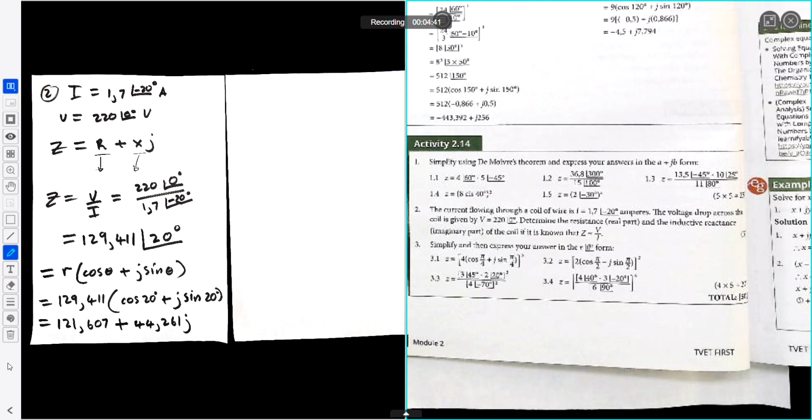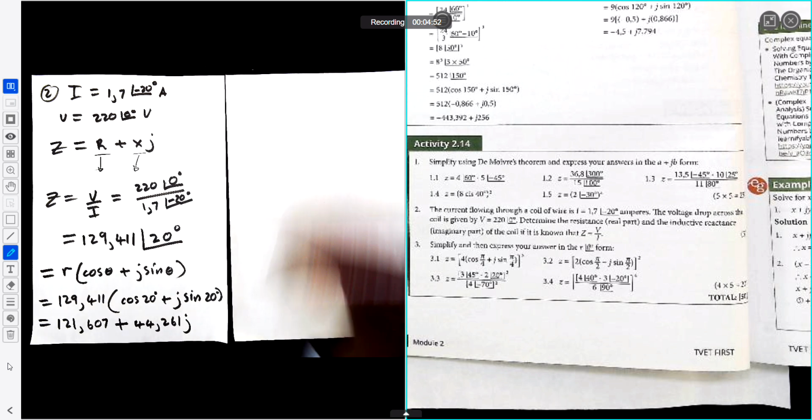So therefore we have calculated, and we can pull out the resistance, the real part, and we can pull out our imaginary part, the reactance.